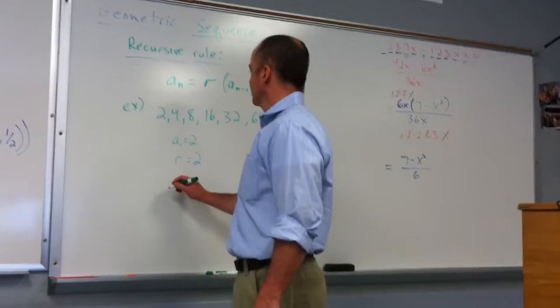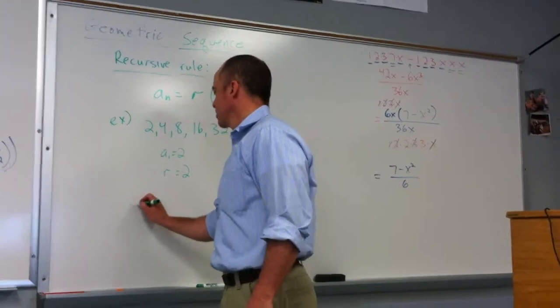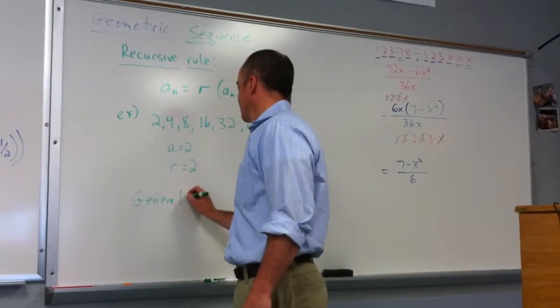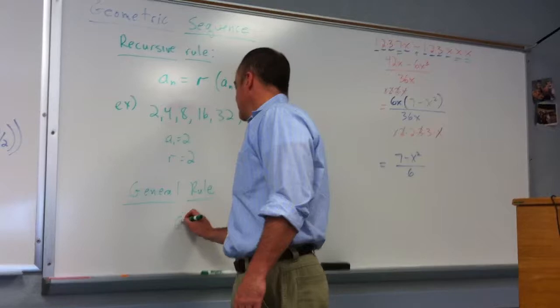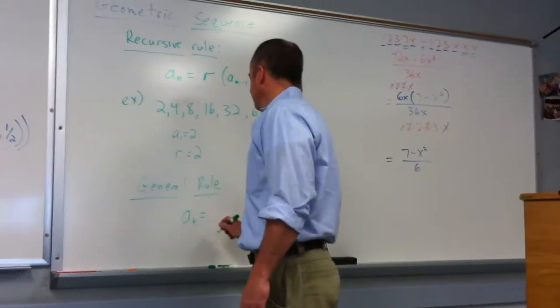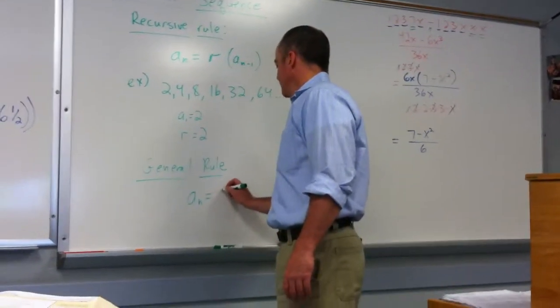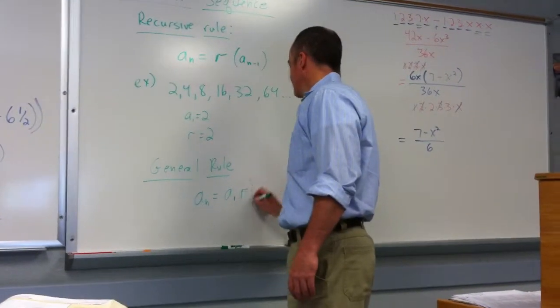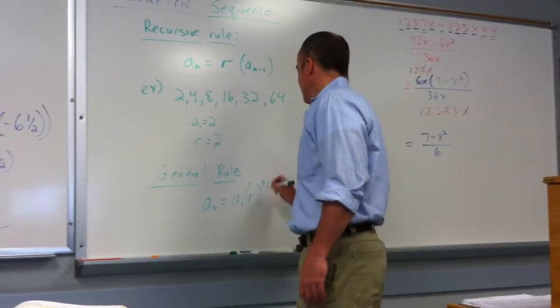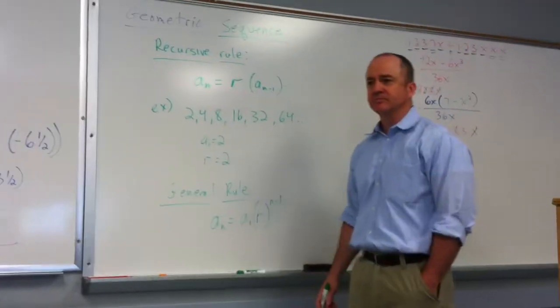All you do for a general rule is a sub n is going to be your first term multiplied by your common ratio n minus 1 times.